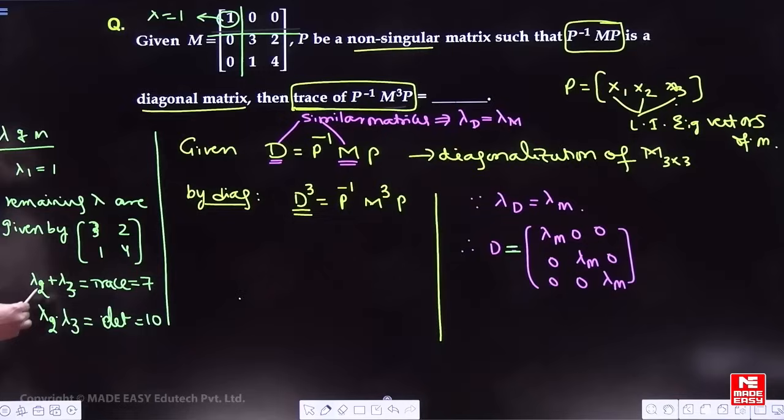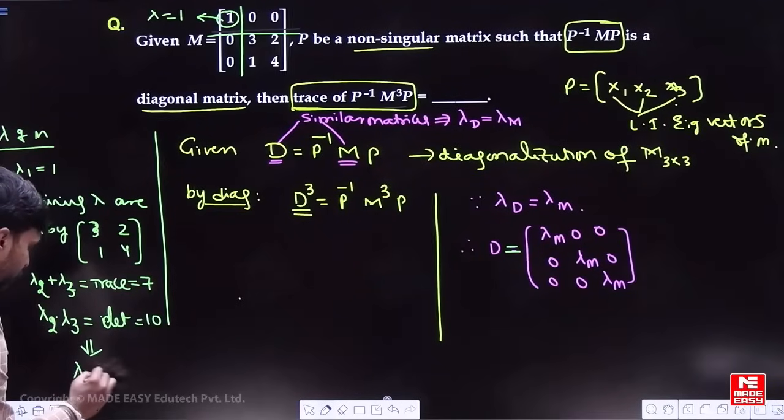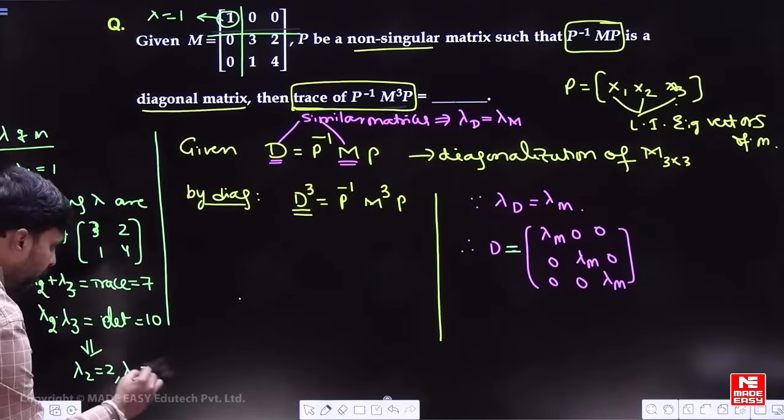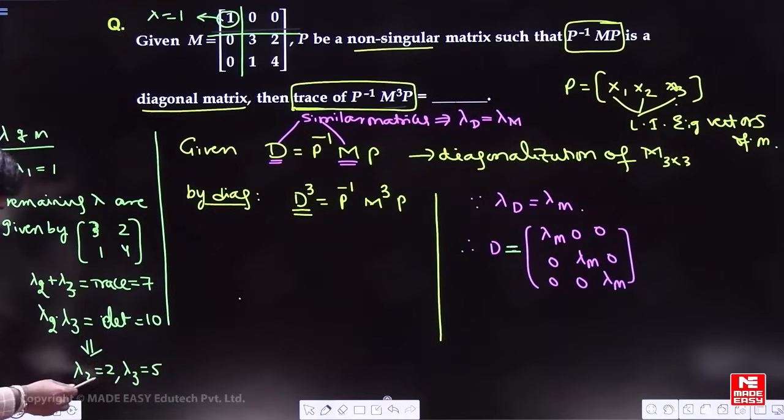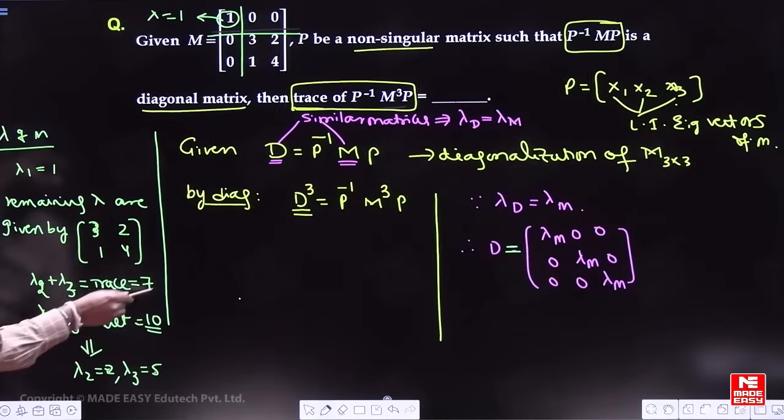So now if you add, it is 7, and if you multiply, that is 10, so we can say lambda 2 is equal to 2 and lambda 3 is equal to 5. See here, if you add them, 5 plus 2 is 7, and if you multiply these two, you get 10, right or not?